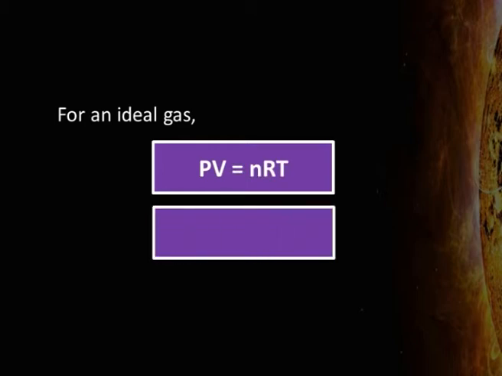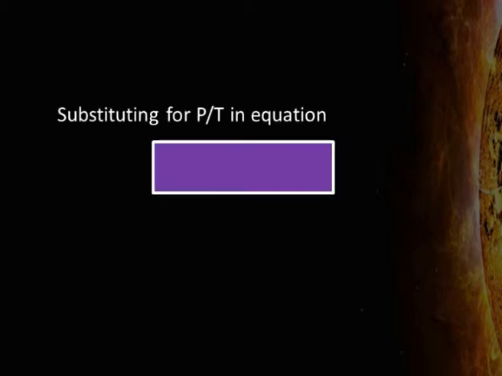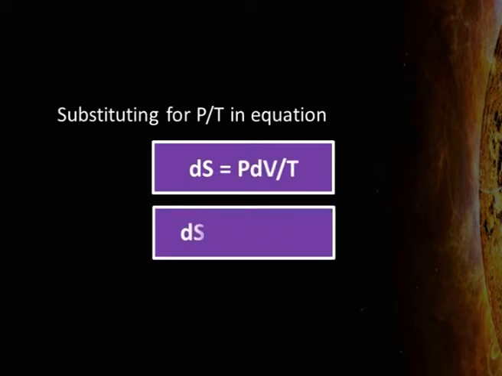Therefore, we can have the value of P by T, which is equal to nR divided by V. Now, substituting this value of P by T in the equation dS is equal to PdV divided by T, we will get dS is equal to nR dV divided by V.